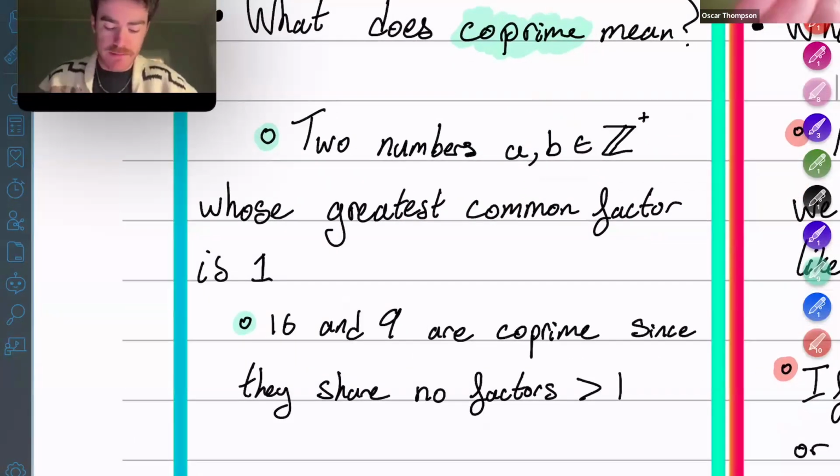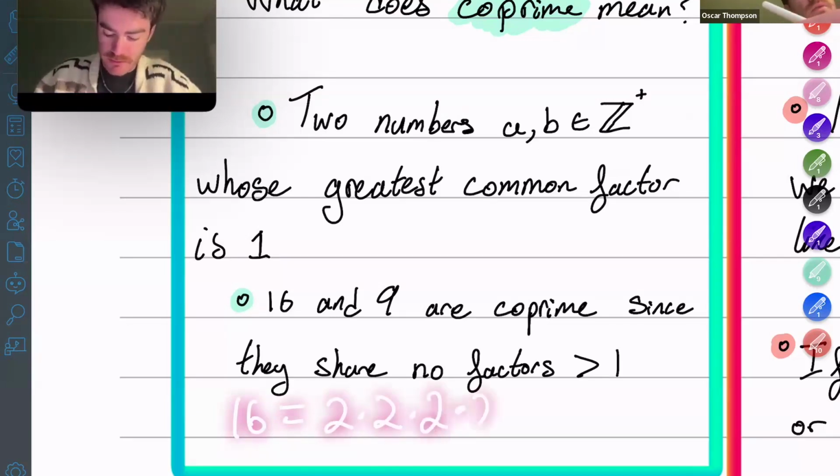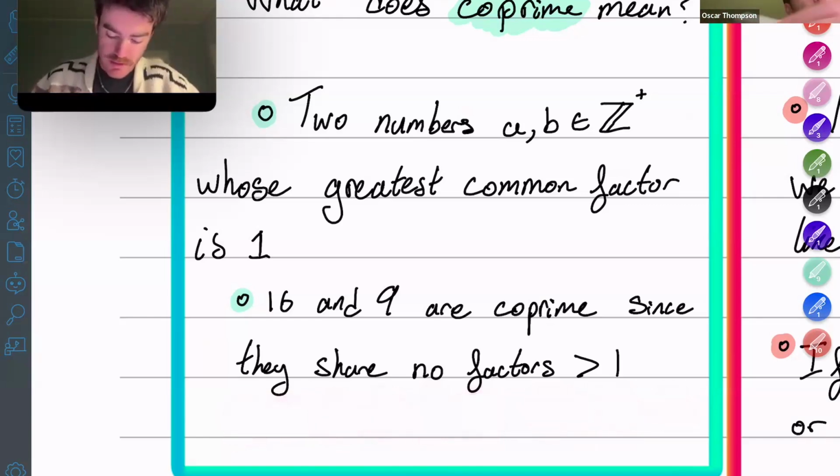An example is 16 and 9 are coprime since they share no factors greater than 1. 16 can be broken up into 2 times 2 times 2 times 2, and 9 can be broken up into 3 times 3. So 3 does not equal 2, so they share no common factors besides 1.